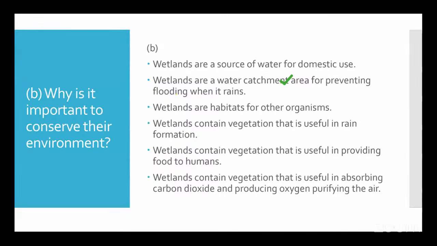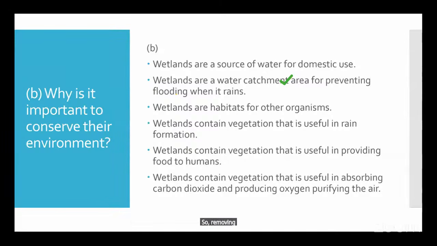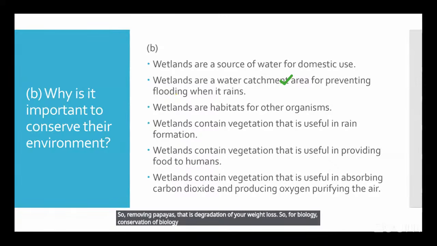So when you are giving, avoid responses like wetlands provide papyrus. Now those are responses for chemistry, natural resources. Here we look at environmental friendly. So removing papyrus, that is degradation of the wetland. So for biology, conservation of biology, it's going to be a response that is correct.